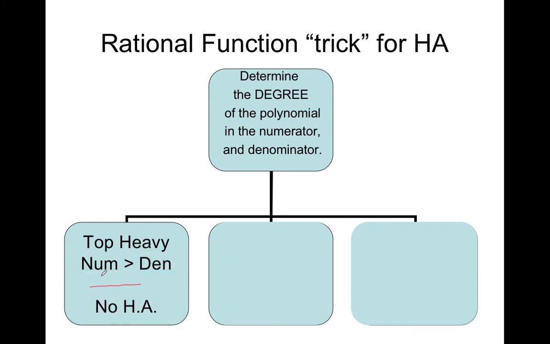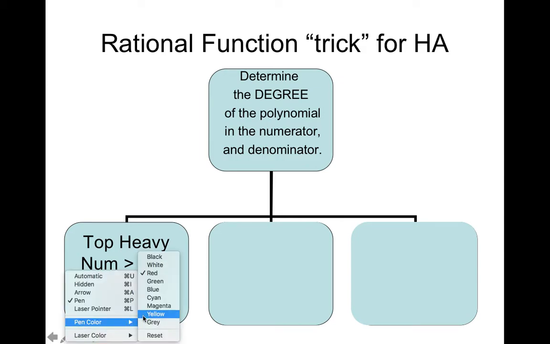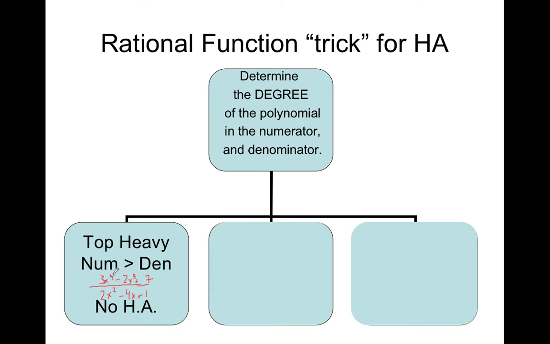If the numerator is like 3x to the 4th minus 2x cubed plus 7, and the denominator is 2x squared minus 4x plus 1, I'm looking at the degree of the numerator, which is 4, the degree of the denominator, which is 2.